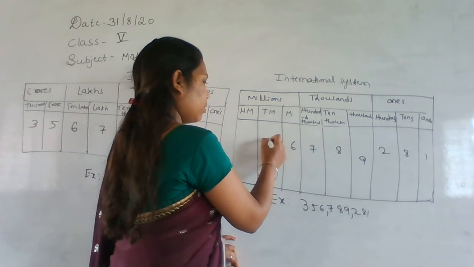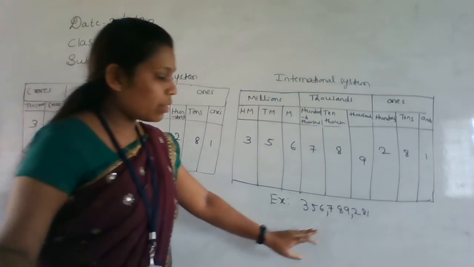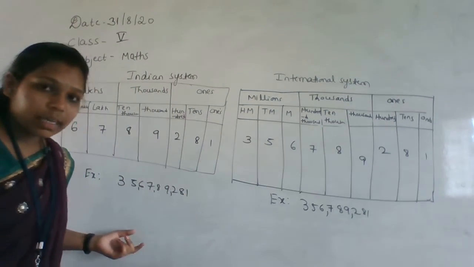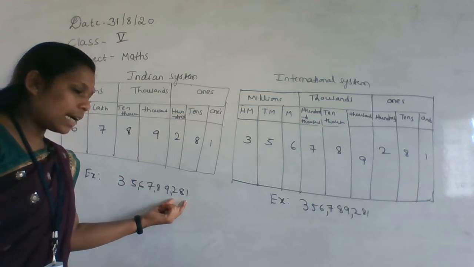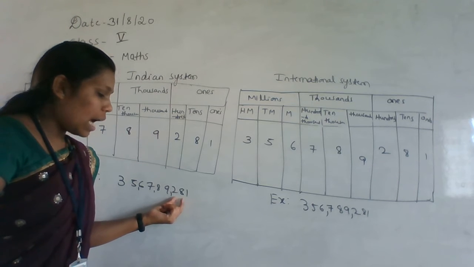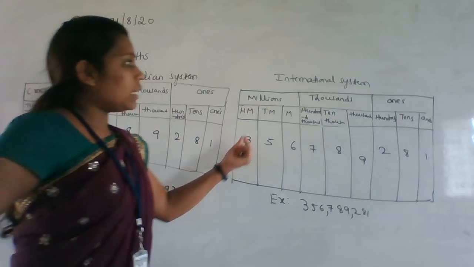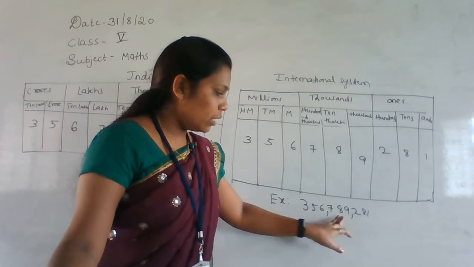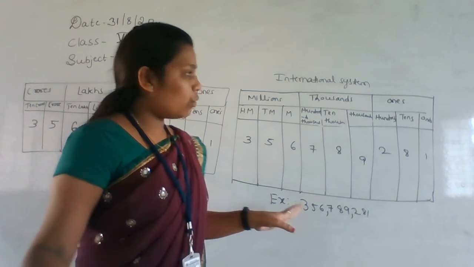Next here 6, 5, 3. So in the international system we are putting a comma for every 3 digits. But in the Indian system, starting with 3 digits, after that 2 numbers. In the international system all are 3 digits: 281, here 789 and here 356.